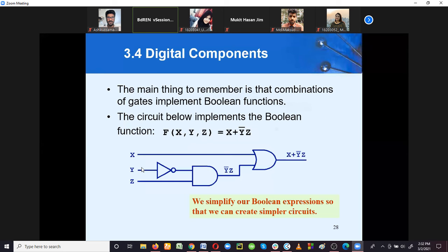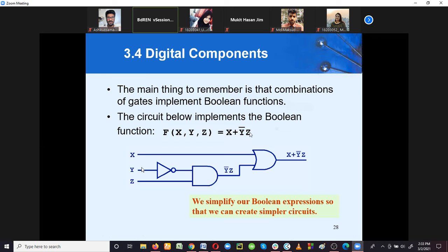Now the topic we are reading is digital components. The main thing to remember is that combinations of gates implement Boolean functions. The circuit below implements the Boolean function F(x, y, z) equal to x plus y inverse z. So let's draw the circuit diagram for this function.